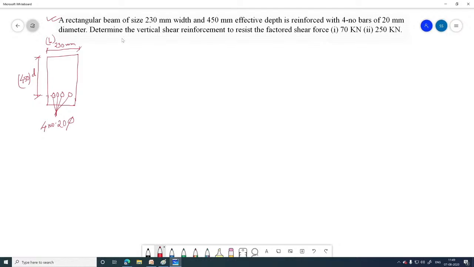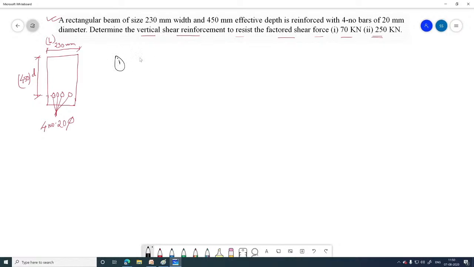What we need to determine is the vertical shear reinforcement to resist the factored shear force, that is, for case 1, 70 kilonewton, and for case 2, 250 kilonewton. So we are considering the first case.